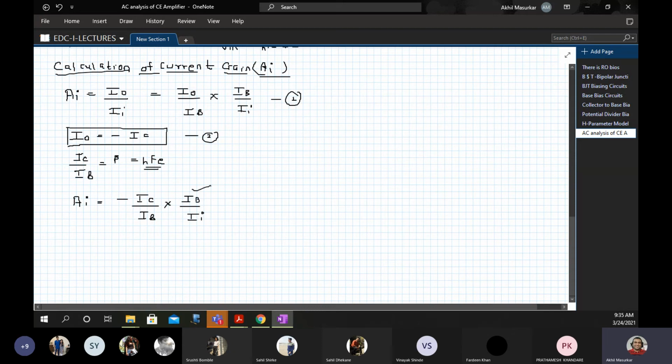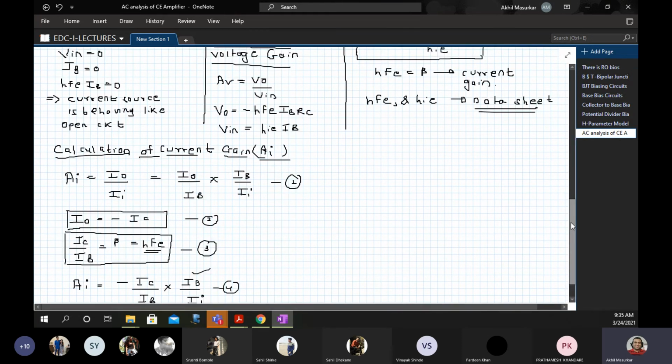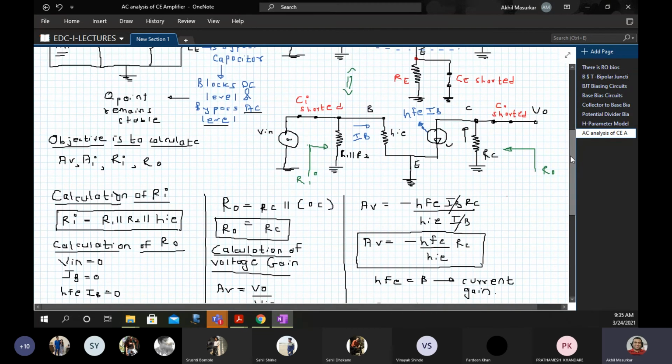Now the question is the second term. So we have identified this thing. Let's call this 3, and let's call this 4. Now we want to see what is IB upon II. So by current divider, you should observe this.